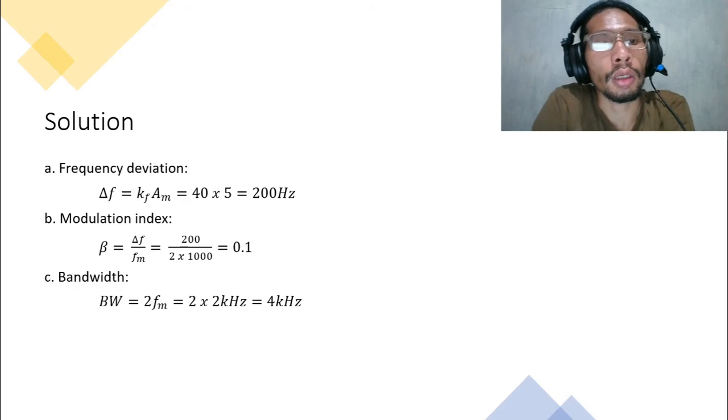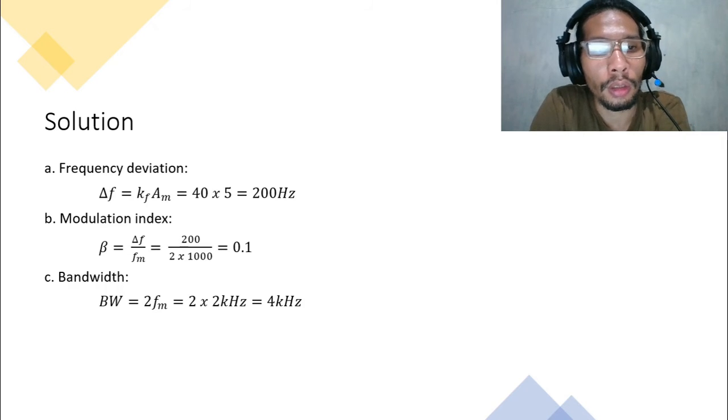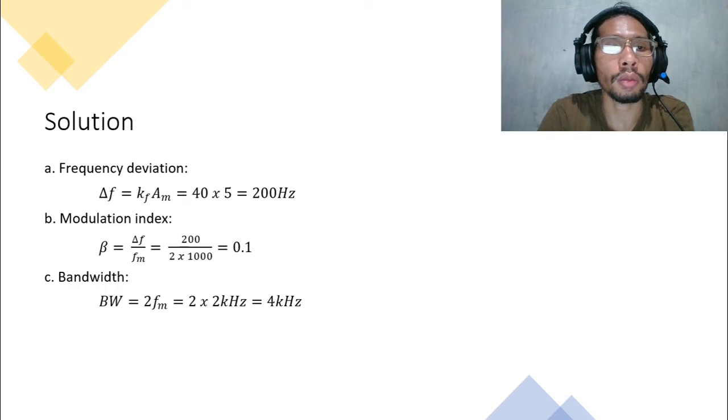For the modulation index, or beta, is equal to delta F over fm, which is 200 over 2 times 1000, which is equal to 0.1. For the bandwidth, BW is equal to 2fm, that is equal to 2 times the modulating frequency of 2 kilohertz.